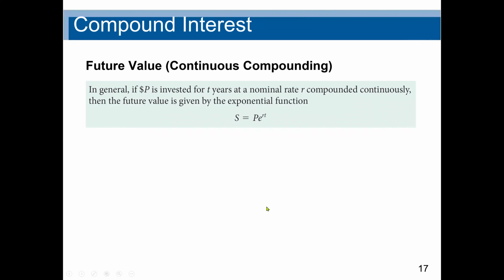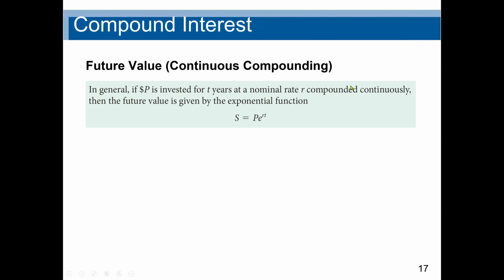Now for the future value, here we are dealing with continuous compounding. In general, if $P is invested for t years at a nominal rate r and is compounded continuously, previously we compounded in a specific period of time. Let's say compounded annually, semi-annually, monthly, daily, minutes.